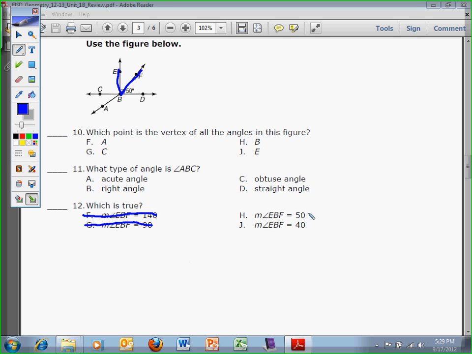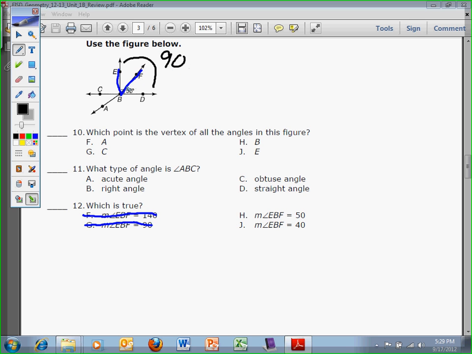So that leaves us with H and J. Both are values less than 90. So we've got to figure out how to come up with the measure of angle EBF. Well, if we know EBD is 90, sorry, EBD is a right angle and the whole thing is 90.